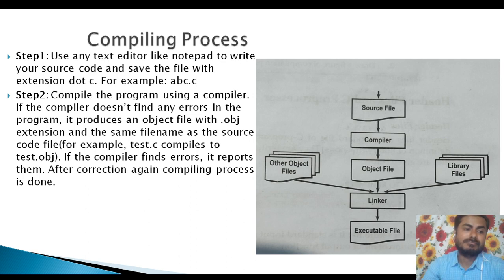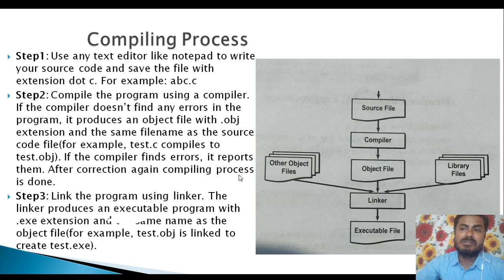Then step 3: you can see, link the program using the linker. This linker is a special type of program and it is a part of the compiler. It will link other object files and library files which are required in a program, and then it converts the object file into an executable file which is ready to run or execute in the computer system.